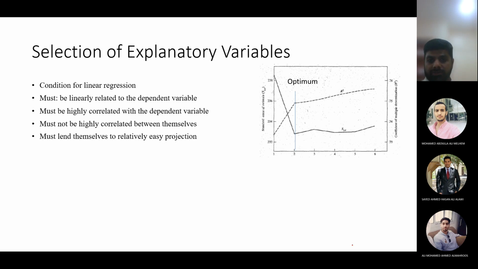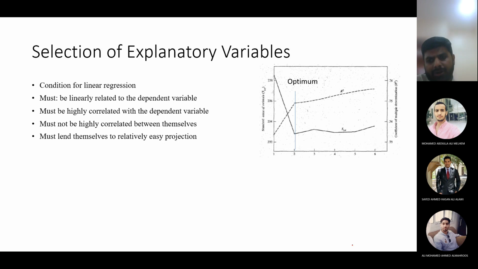Okay, so there are some conditions, and these conditions are for only linear regression. So we are coming back to the discussion of linear regression. The parameters which you are selecting for linear regression must be linearly related to the dependent variable.